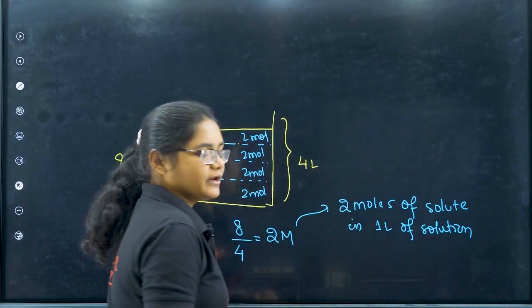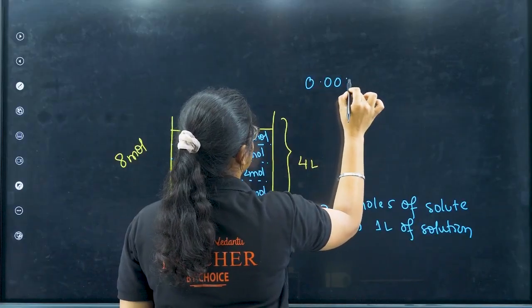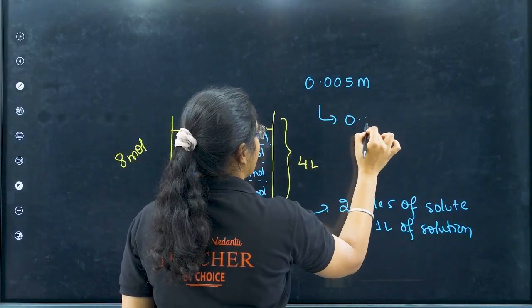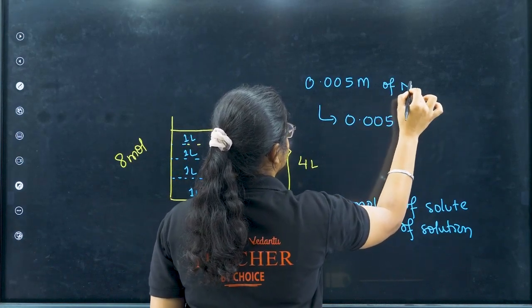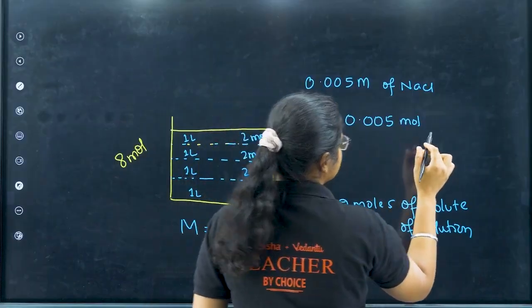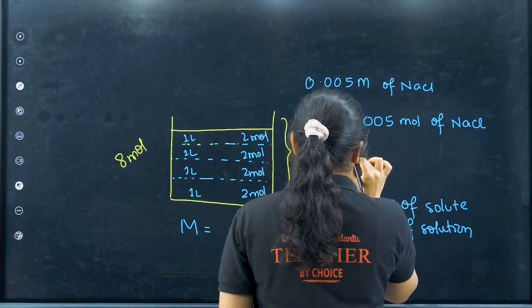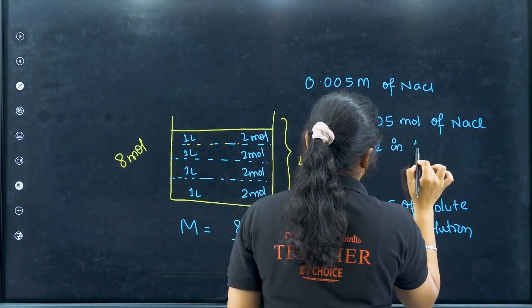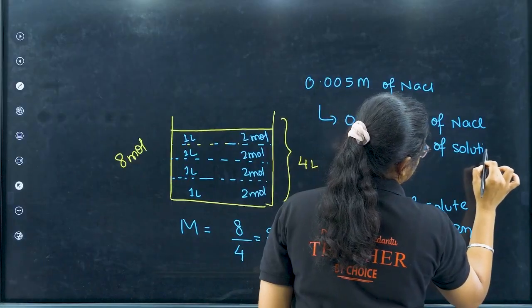So whenever for any solution I tell you there is a solution whose concentration is 0.005 molar, what does that mean? That means it has 0.005 moles, say of NaCl solute, in 1 liter of solution.